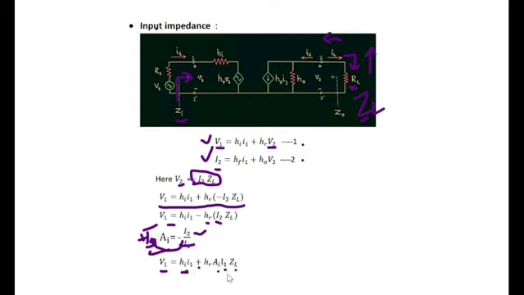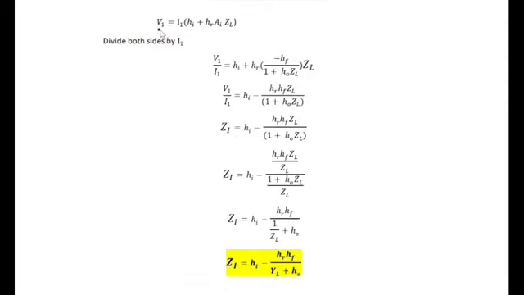From these two terms, I1 is common. So if we take I1 as common, the equation will be V1 is equal to I1 into HI plus HR into AI into ZL.